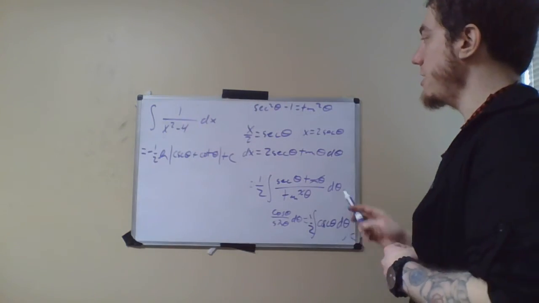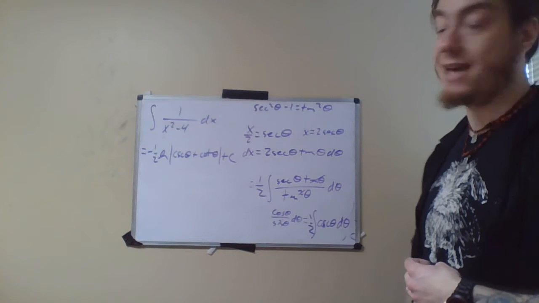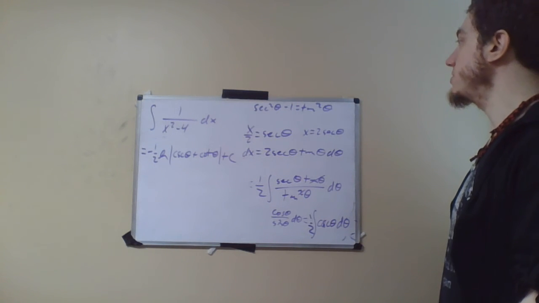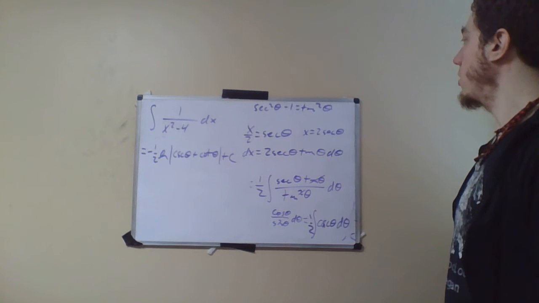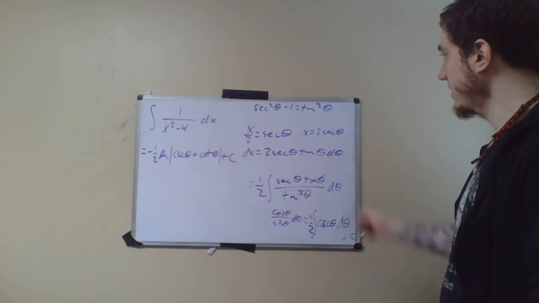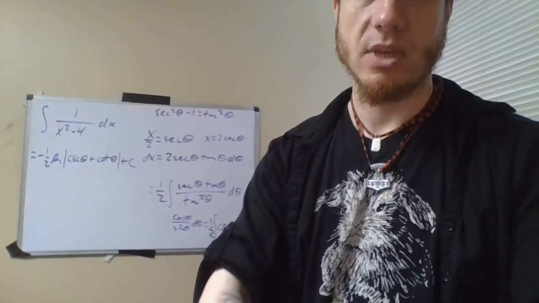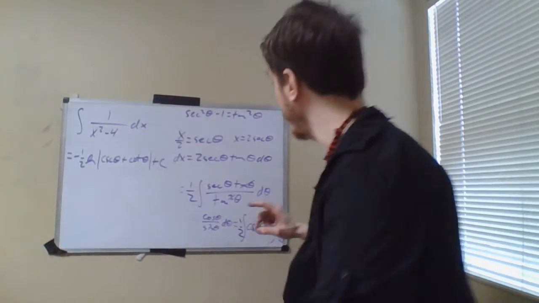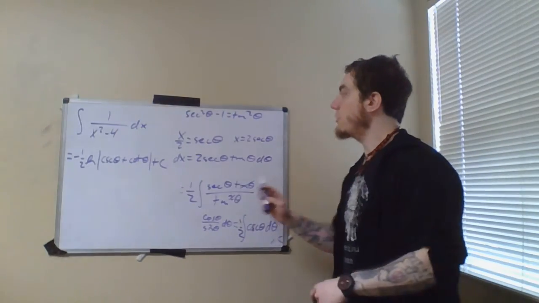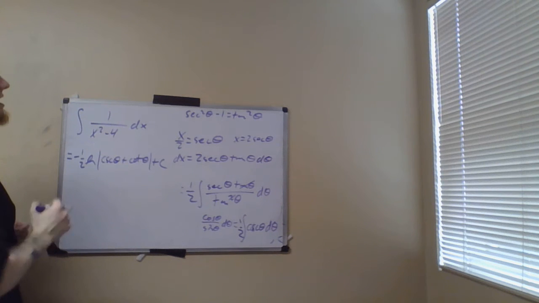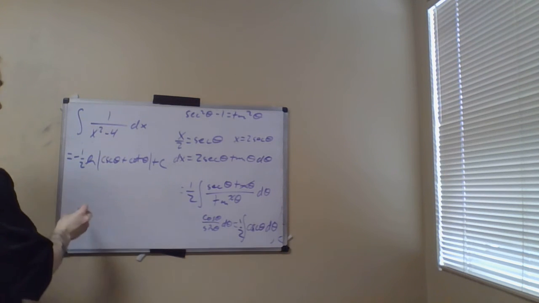And so we end up with this sort of messy thing, and then we have to go back and rewrite this thing in terms of our original variable x. Sorry, just double checking something before we move on with this. So at this point, we need to rewrite this. Well, how do we do that? The thing is, x over 2 is the secant of theta.